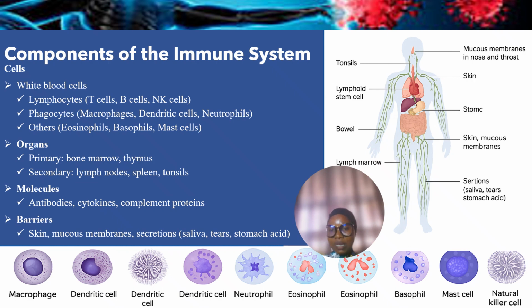Then we have the complement system as well, which is a group of proteins that help destroy microbes directly, or mark them for destruction. So, to recap briefly: the molecules include antibodies, which are proteins, and cytokines, which are chemical messengers.